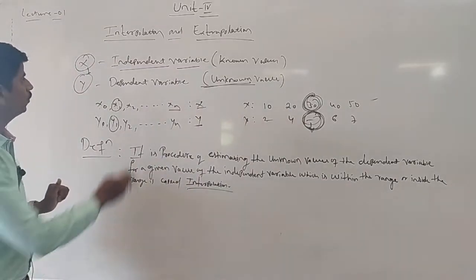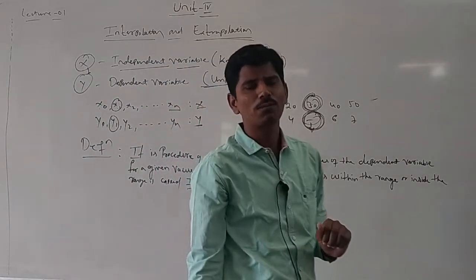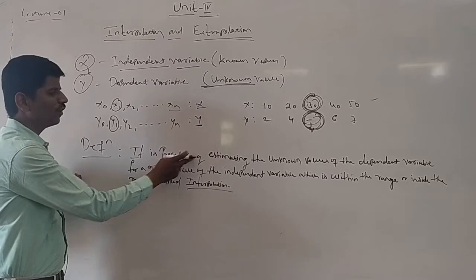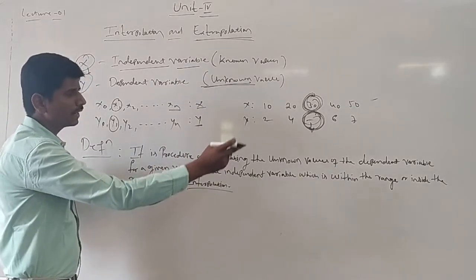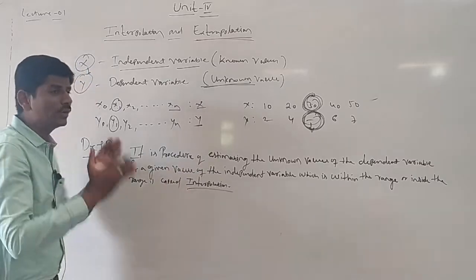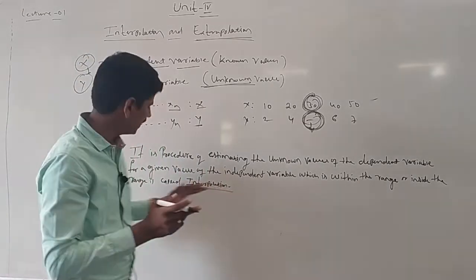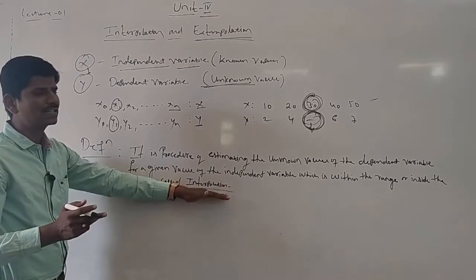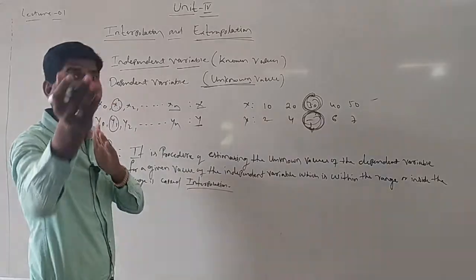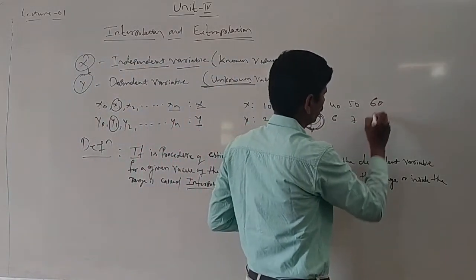Then what is extrapolation? It is the procedure of estimating the unknown values of the dependent variable for a given value of the independent variable which is outside the range. Which is inside the range is interpolation, and which is outside the range is extrapolation. Here 50 is 7 and 60 is dash.